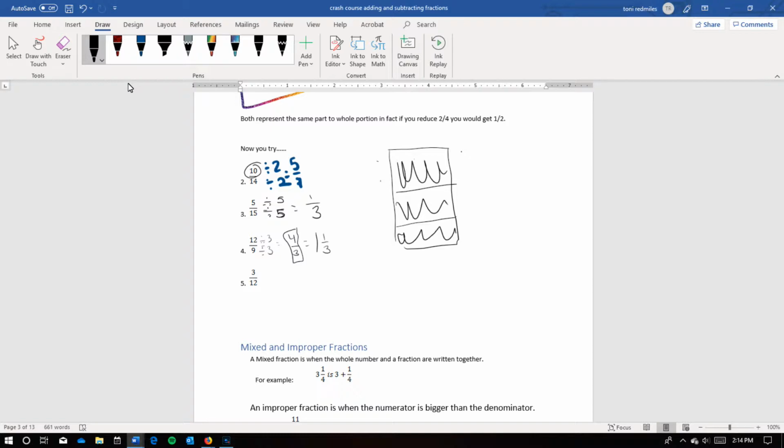Then I have to build another box of 3 and fill in one of them. So I have 3 boxes. So that shows a whole 1 and 1/3. Which was our answer at the end. Alright, if I were to reduce this one, it's divisible by 3's, which is 1/4.